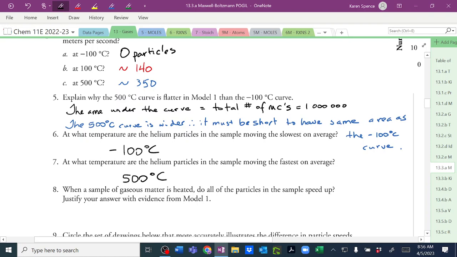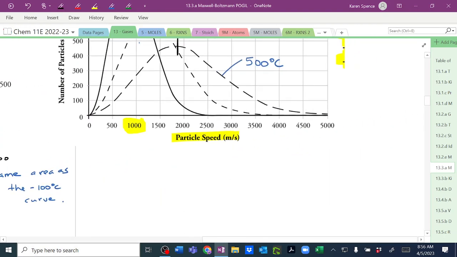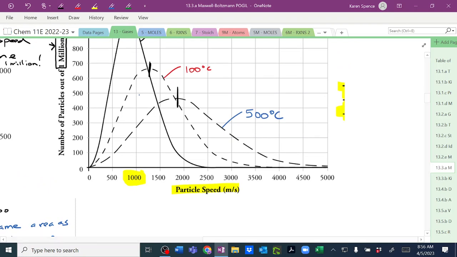When a sample of gaseous matter is heated, do all of the particles in the sample speed up? Well, on average, they speed up, but we still have some particles that are moving at 500 meters per second, regardless of what temperature we're at. So on average, they speed up, but not necessarily every single particle speeds up.